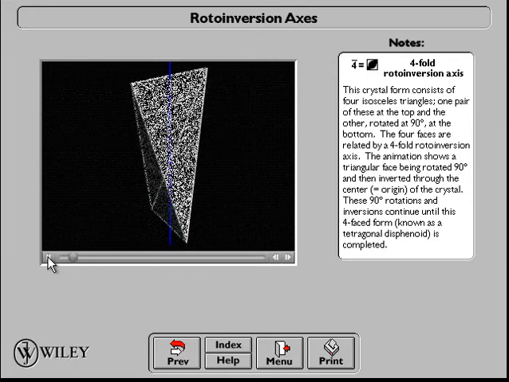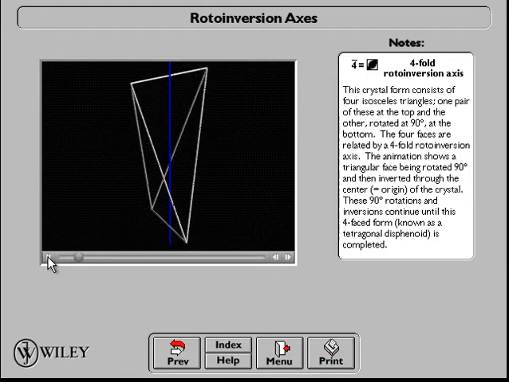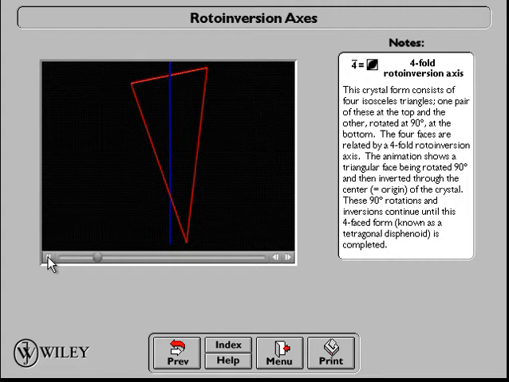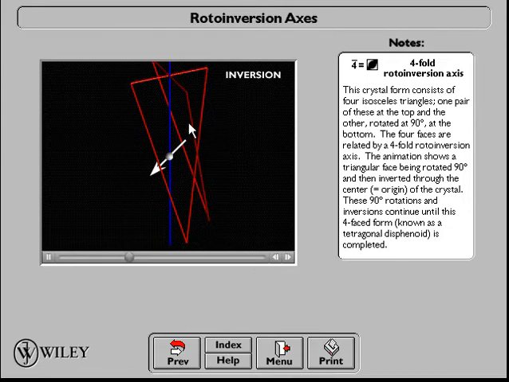So at first we have our crystal, and we are making now the first 90-degree rotation, from here to there. Then we are making an inversion from here to here.